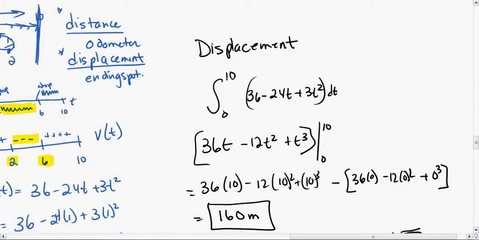You can check that by using the integration function on your calculator. Your limits of integration are 0 and 10, and you should come up with 160 meters.